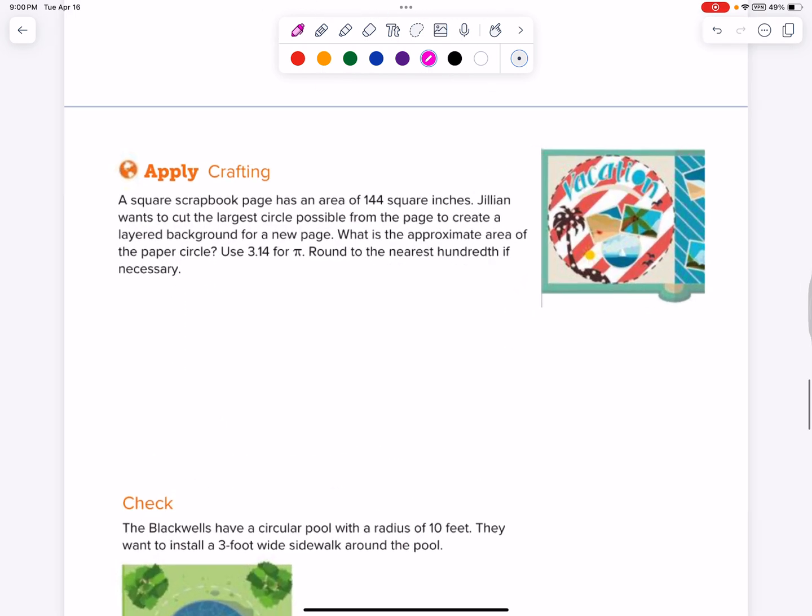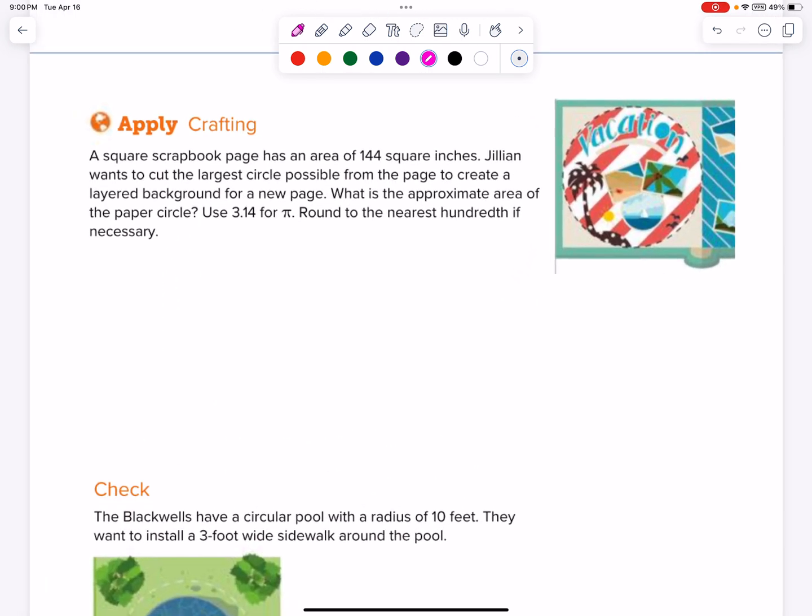All right, let's head down here. Here's your replies, and then you can get to your homework. A square scrapbook page has an area. So again, just like you, I'm exploring what do I know? I already know the whole area, which is interesting. She wants to cut the largest circle possible from the page to create a layered background for a new page.